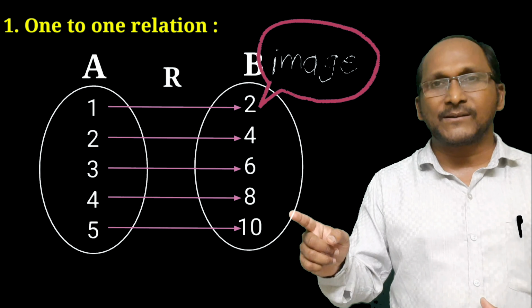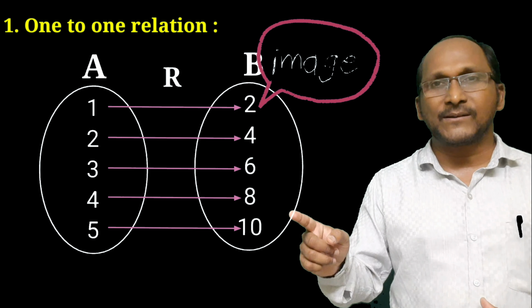Now in this relation we can observe that the different elements of the set A have the different images in the set B. Here no two elements of the set A have the same image in the set B. Such a relation is called a one-to-one relation.